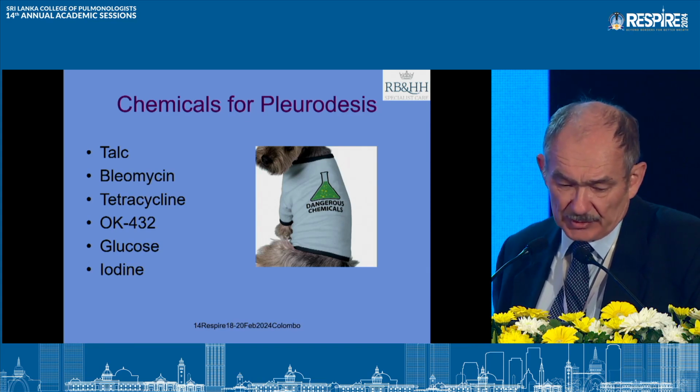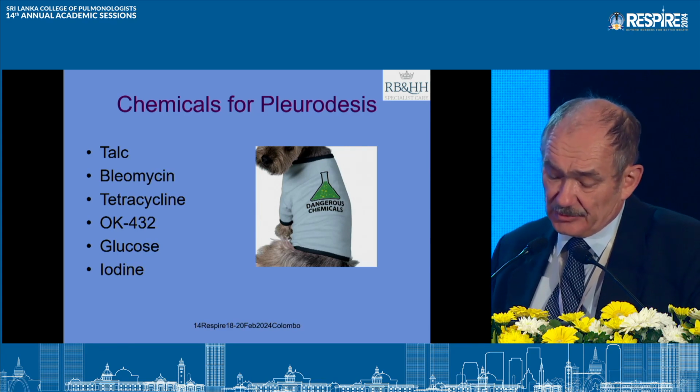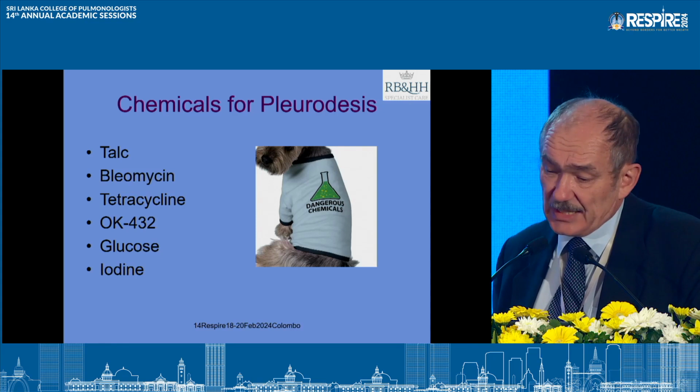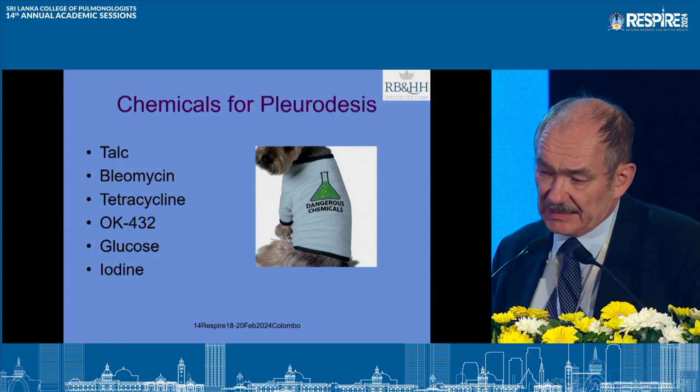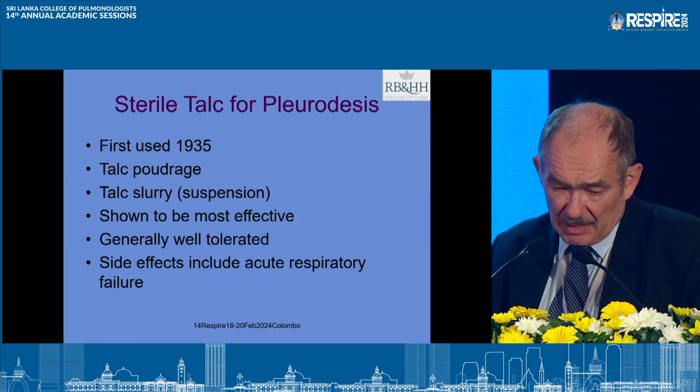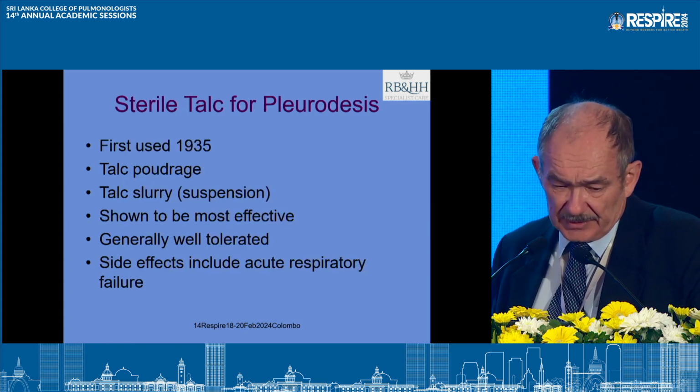I want to point to the iodine because talc should be contraindicated in case of a prolonged stay of a chest drain. If the patient is already coming from another hospital with a chest drain, introduction of talc into a pleural cavity which is already partially infected could be disastrous. Sterile talc, as I said, was first used in 1935, and side effects include acute respiratory failure.